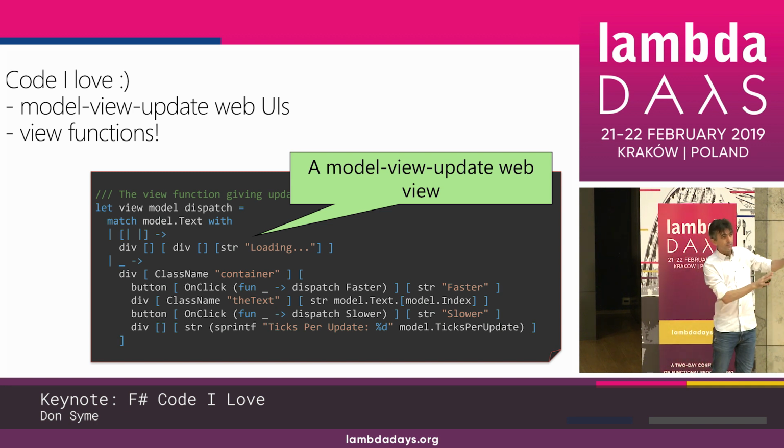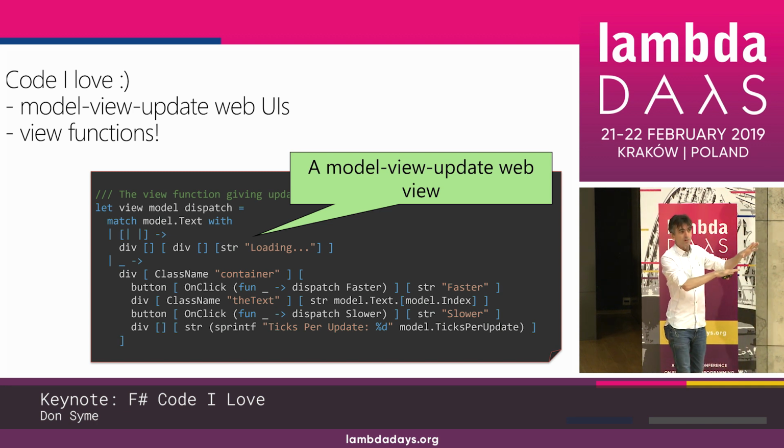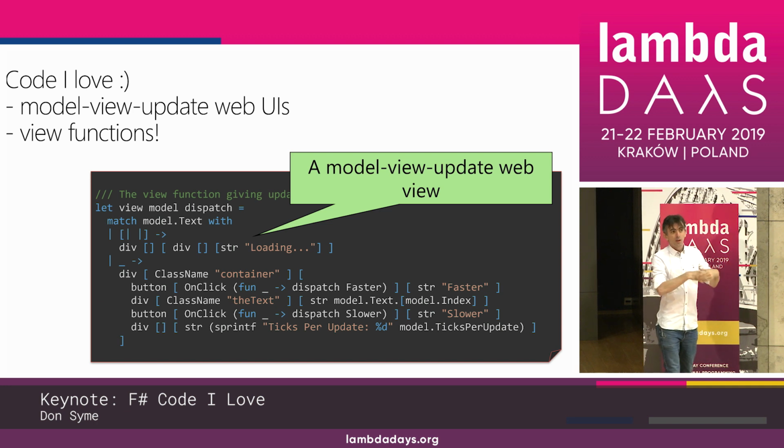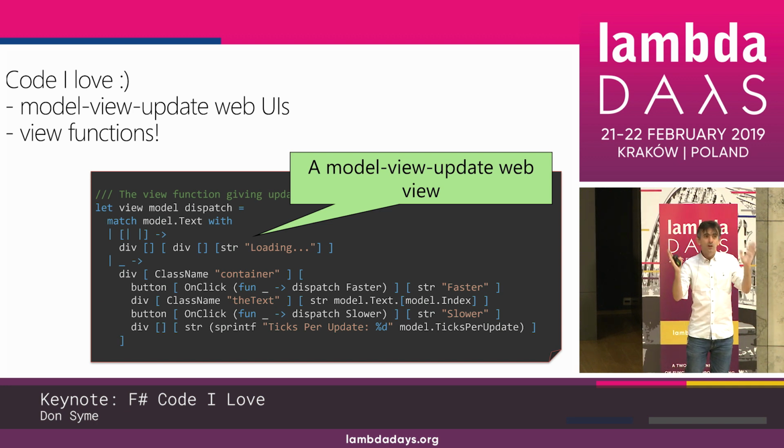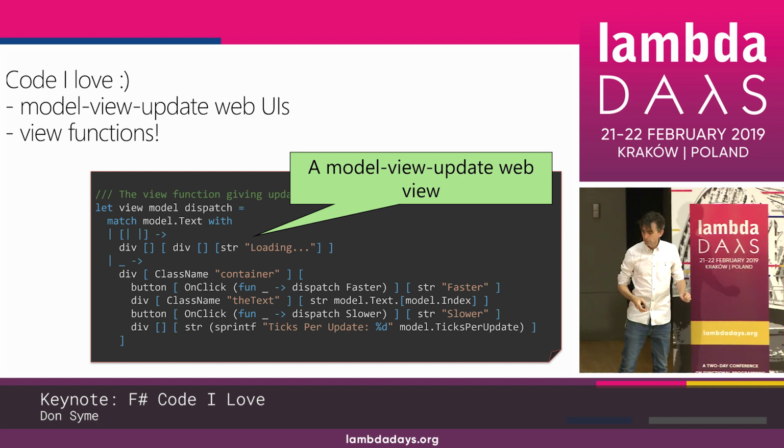Microsoft is very heavily invested in this idea of object-oriented user interface development. And for those of you using React, those of you using Elm, or any of the F# variations on that, you'll know that it can be much, much simpler to take the functional approach to this kind of development.